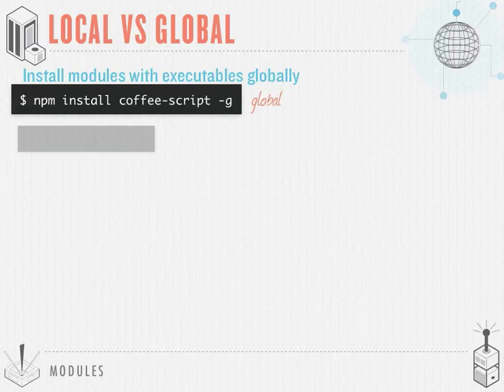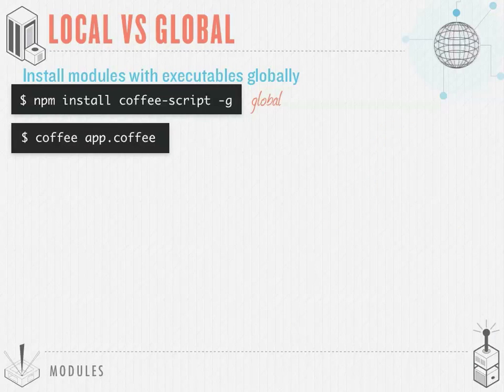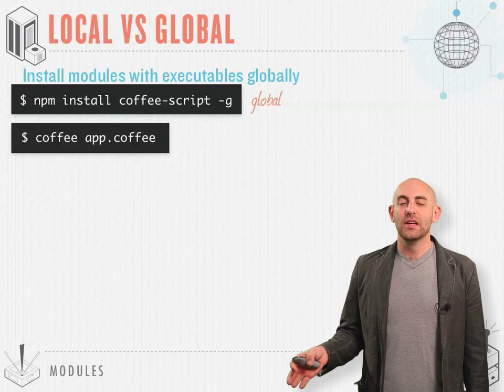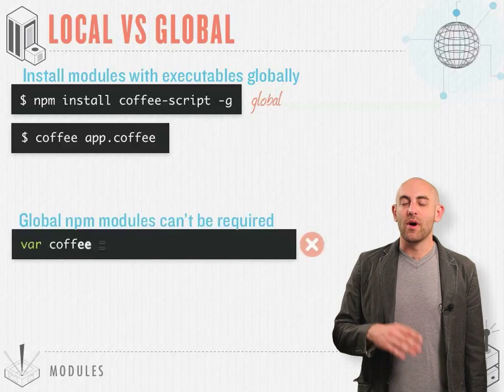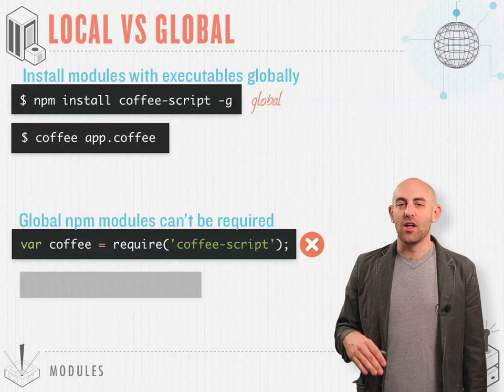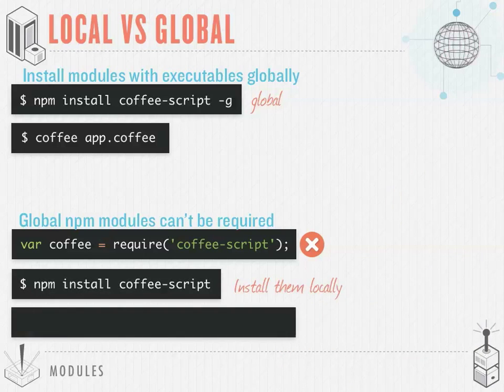And then we can call the coffee executable. So the rule of thumb here is if the module has an executable, you need to use the global flag when installing it. One thing to note though is that you can't actually require global modules. You have to install the module locally, and then requiring the module will work.